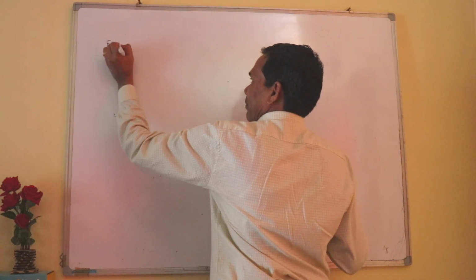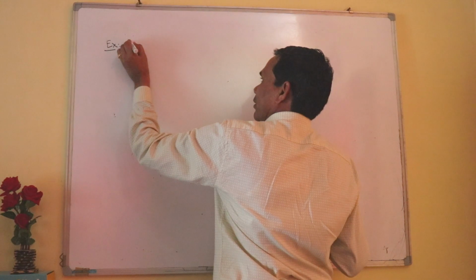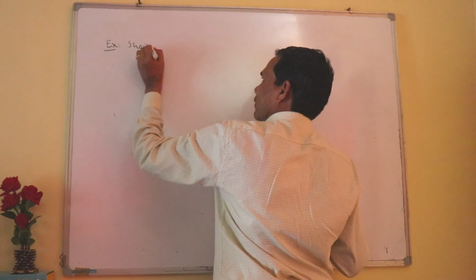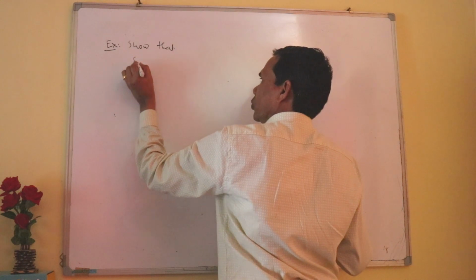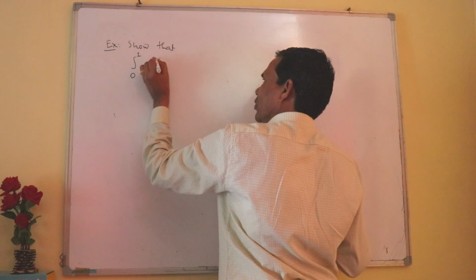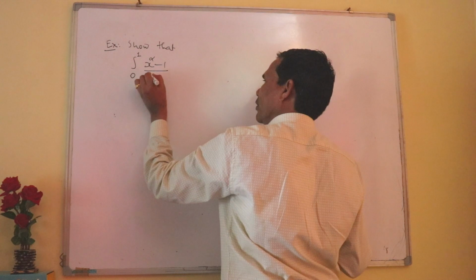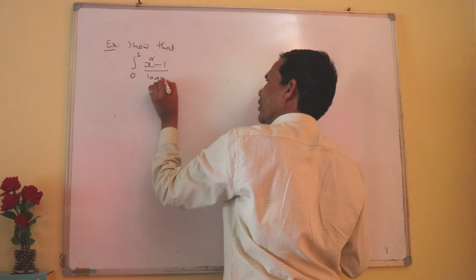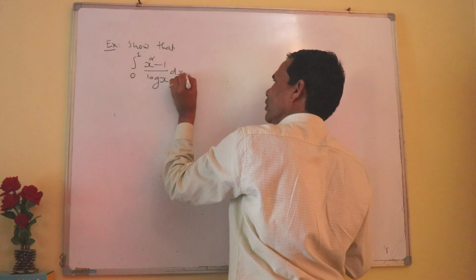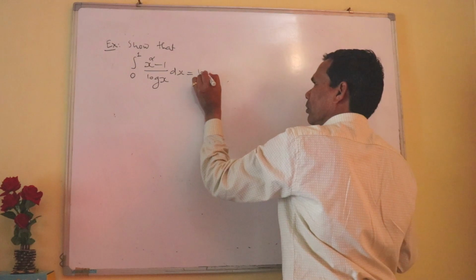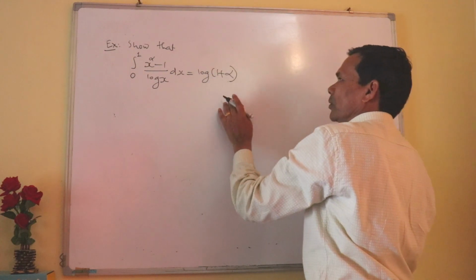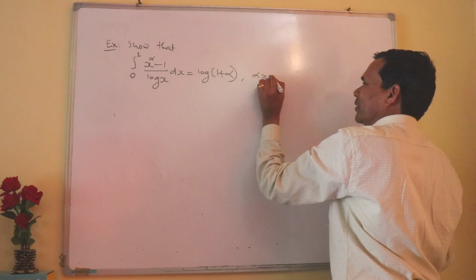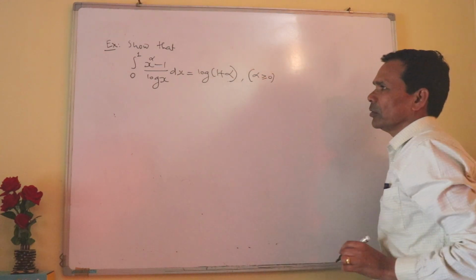So first example: evaluate, or show that, the integral from 0 to 1 of x raised to alpha minus 1 divided by log x, dx, is equal to log of 1 plus alpha, for alpha greater than or equal to 0.